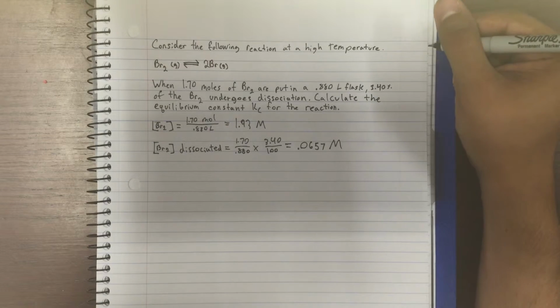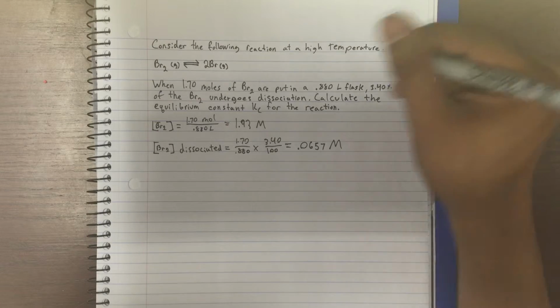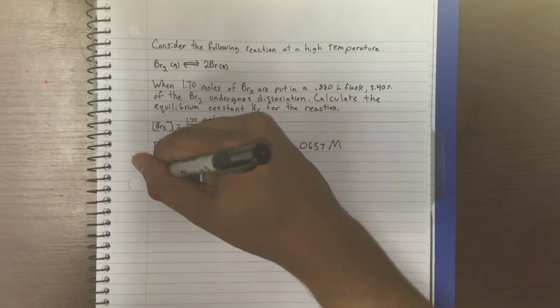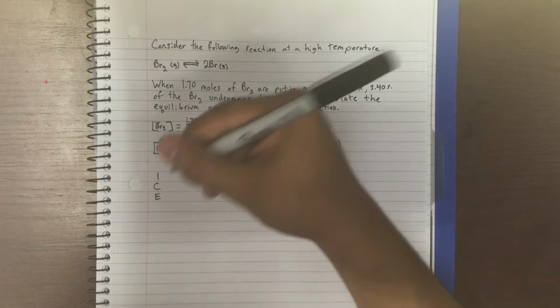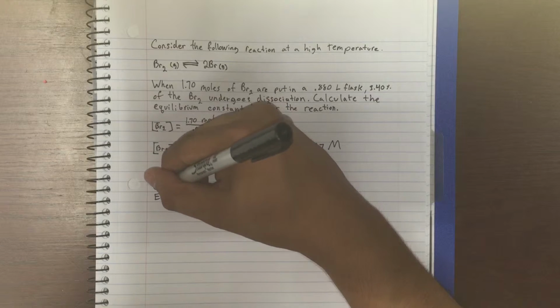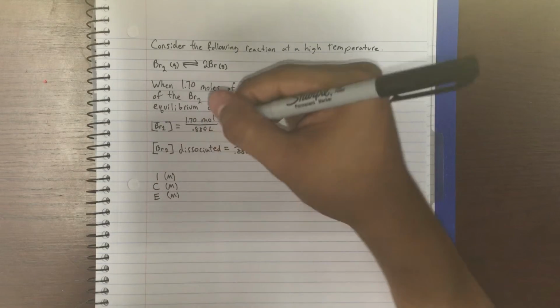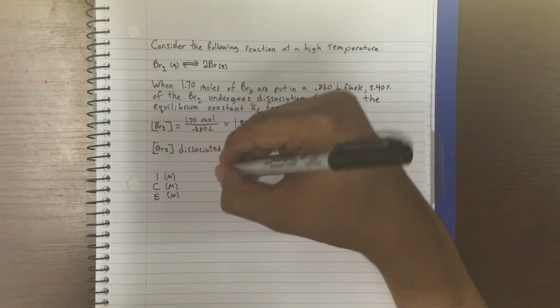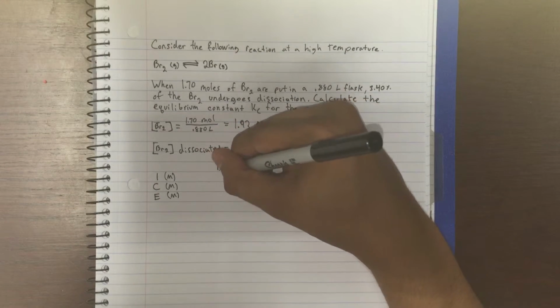Now we need to find the concentrations of Br2 and Br at equilibrium. So let's set up an ICE table. You have your initial, your change, and your equilibrium. This is all in molarity. Our units need to be in molarity in order to use the ICE table. So let's write our equation up here.